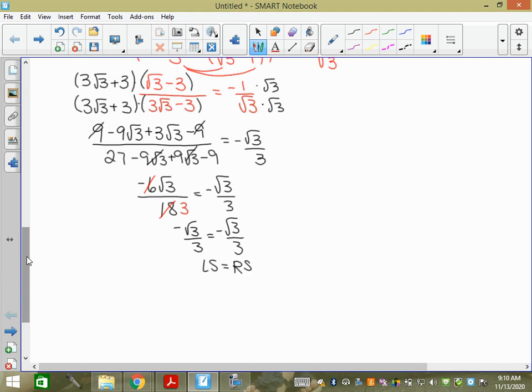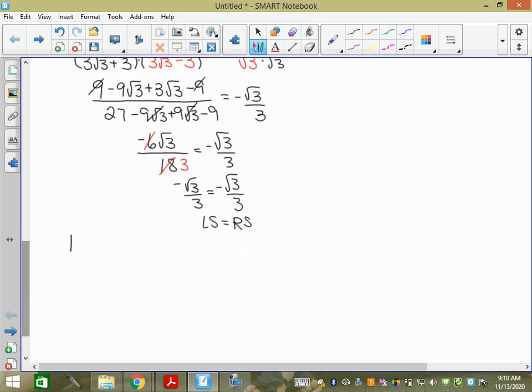All right. You guys are going to try this one. These are going to be proofs. So prove: secant squared x over secant squared x minus 1 equals cosecant squared x.